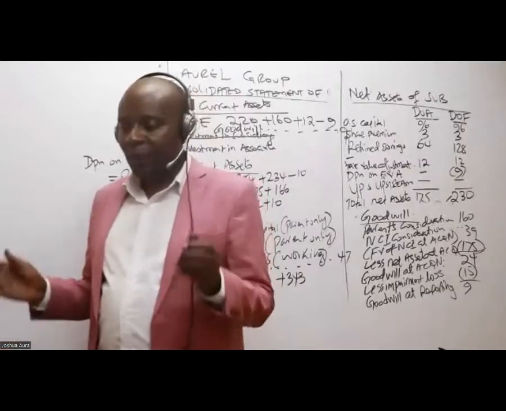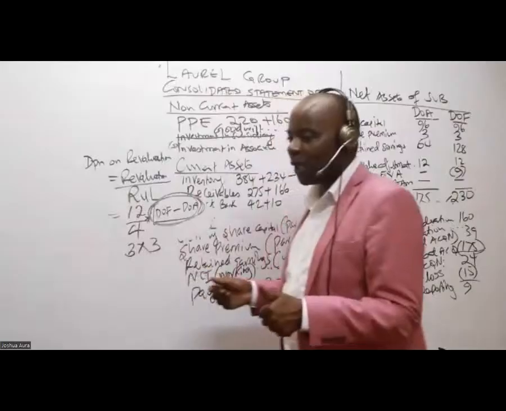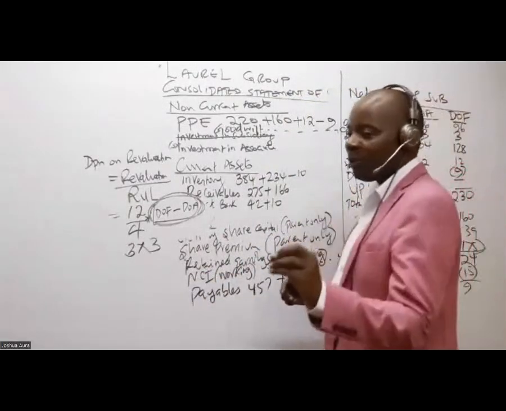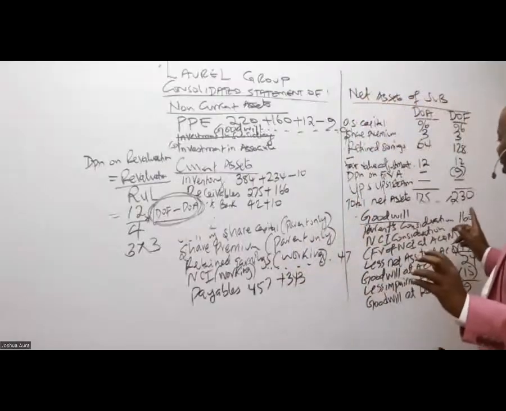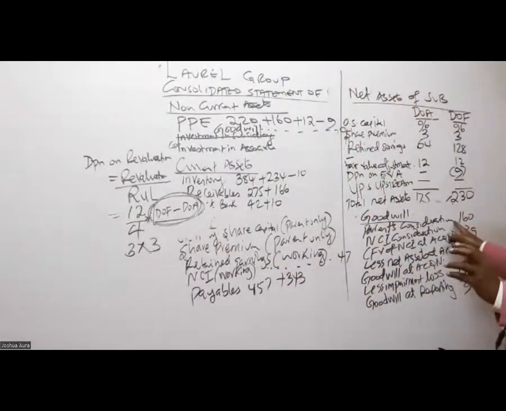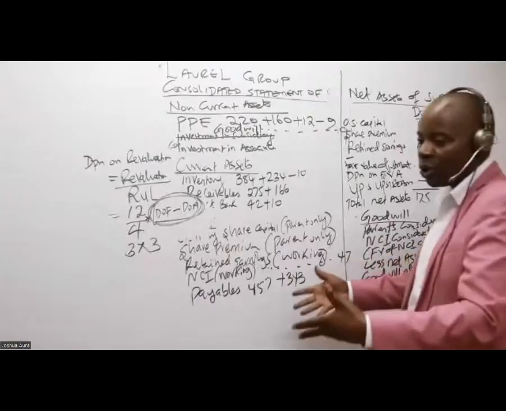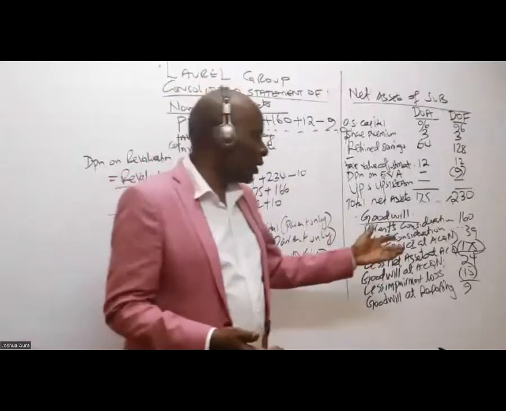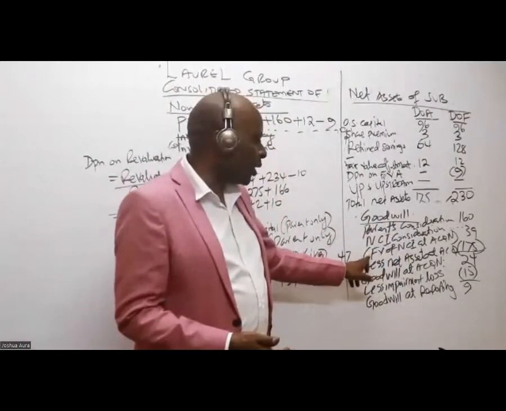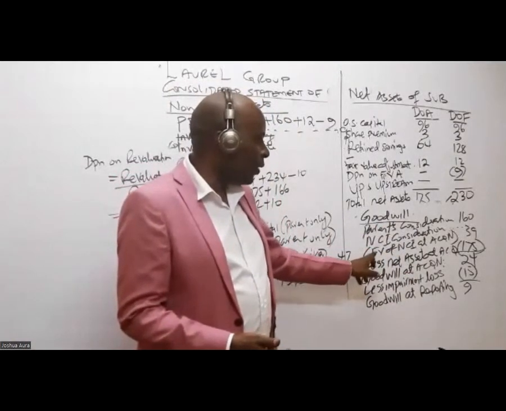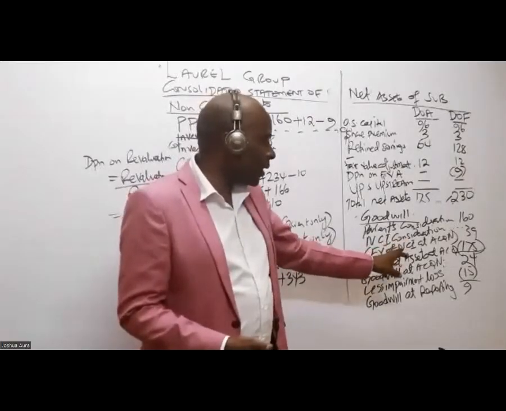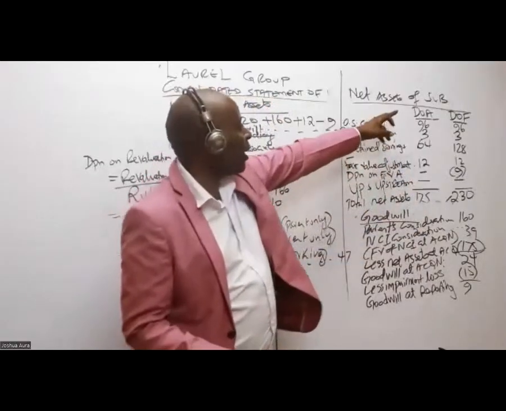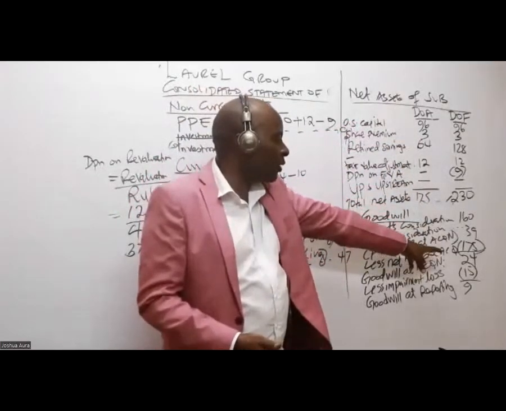All right. Somebody is again telling me to repeat on this goodwill. What we have done, we've taken the parent's consideration. The parent, to get 80% of the shareholding in this subsidiary, paid 160. The NCI's value during this acquisition was 39. And then we subtract the net assets at acquisition, which was 175.